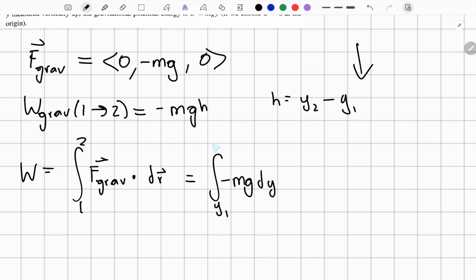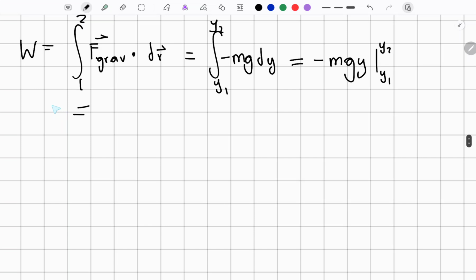We're going to go from y1 to y2, and this is just going to be negative mgy from y1 to y2, which is the work of gravity, negative mg (y2 minus y1), which we determined is going to be our height gained.